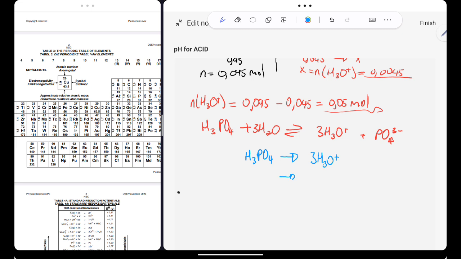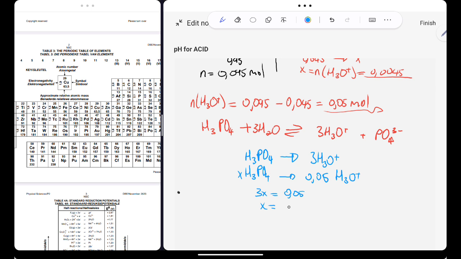But now I do not have 3 moles of hydronium ions. I had 0.05 of my hydronium ions. I want to know how much of the acid I had for me to produce 0.05 of the hydronium ions. I'll just cross multiply. Then 3x is equal to 0.05.